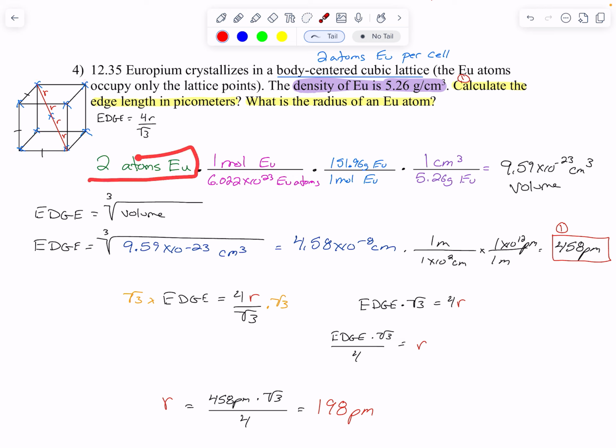So you start with the 2 atoms, and you can figure out how many moles that is, which is a tiny amount, and then figure out how much that tiny amount weighs, and then find the volume of that tiny amount, which is a tiny volume, as it should be. And then, because it's cubic, you can figure out the volume really easily. And then I convert that volume from centimeters to picometers, right? And then we use our edge and radius relationship to figure out the radius. So that's how we do number 4.